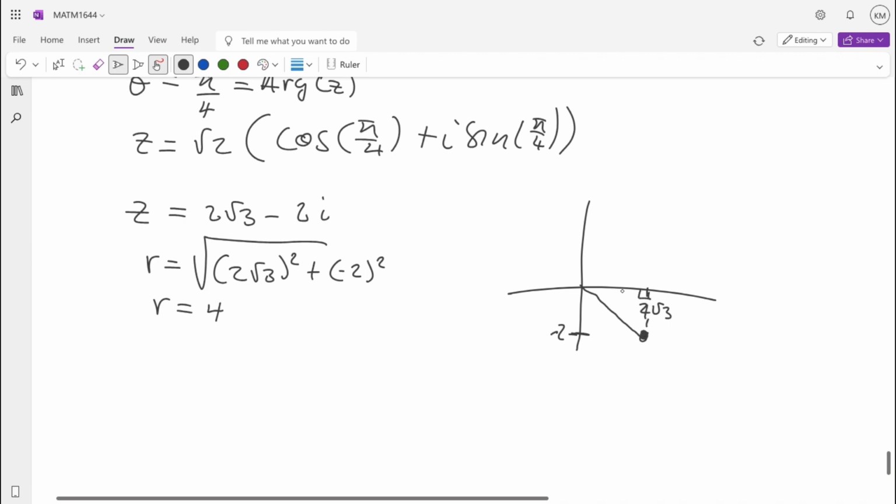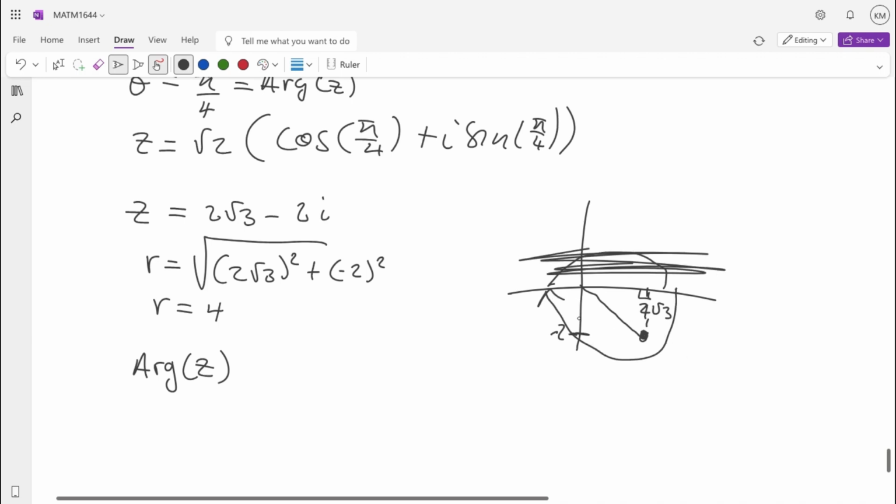Since we are looking for the big argument of z, and we know it's between pi and minus pi, remember we can measure it this way or that way. So it's not in there. We can only find it in this region, where specifically it's in the fourth quadrant.